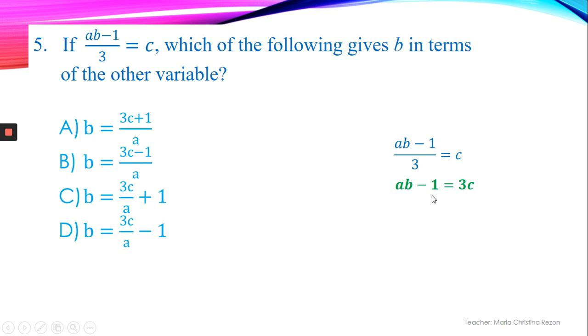You will have AB is equal to 3C plus 1. But we do not want A here, so we divide the whole equation by A. So what is left now is B is equal to (3C plus 1) all over A. And this is now B in terms of the other variables, and your answer is letter A.